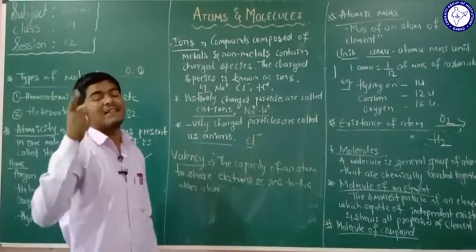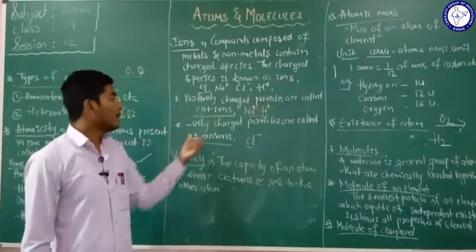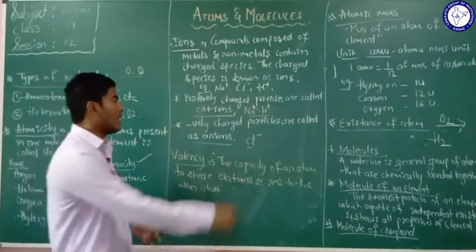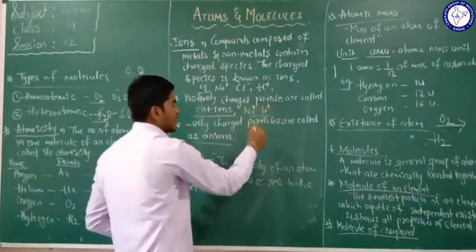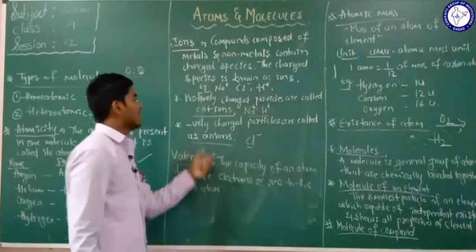Because the valency of that atom is 2. So based on the valency of the atom, we write the charges: 1+, 2+, or 1-, 2-. That is nothing but the ion.